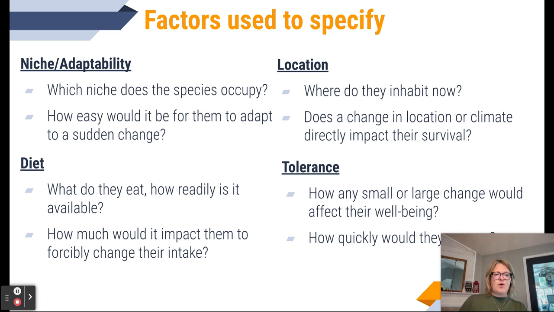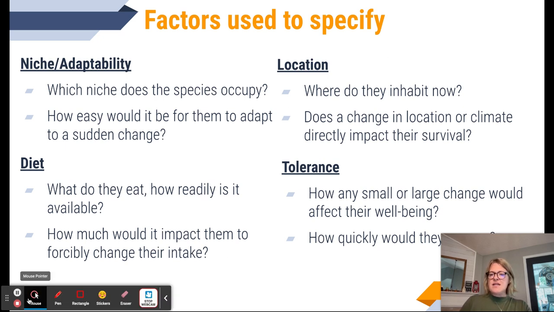This is really important to note because of climate change. We're really able to see which organisms are more generalist and which are more specialist based on how their habitats are changing. So location is just another factor used to identify what type of organism you might have.